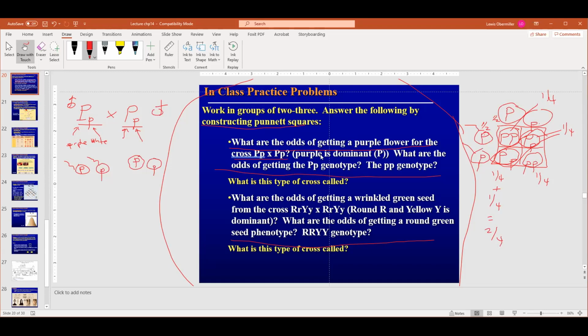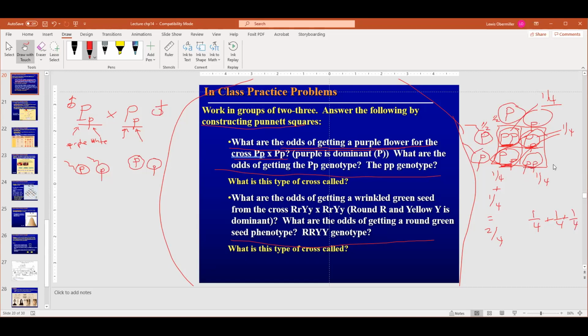So what's the odds of getting a purple flower? Well, this is purple, right? It has both purple alleles, so it's going to be purple. So that's 1/4 that are going to be this purple. This is also purple. It has one purple and one white, but this is going to be dominant, so it's going to be purple. So we have 1/4 plus 1/4 from this, and then another 1/4 from this.